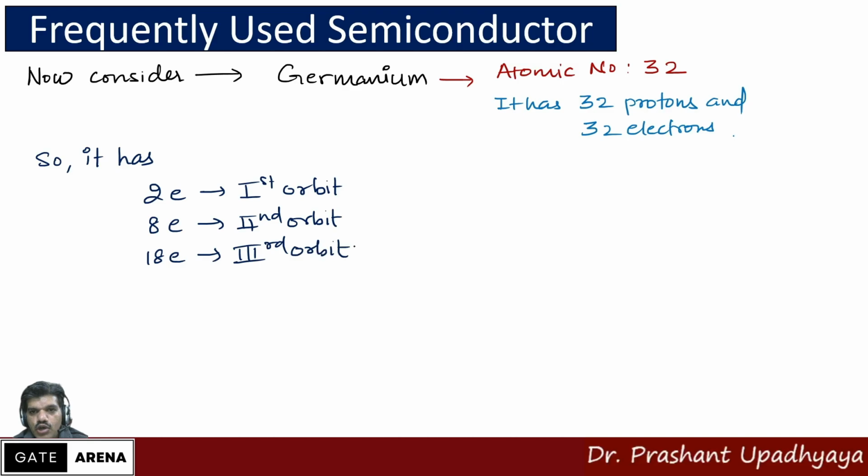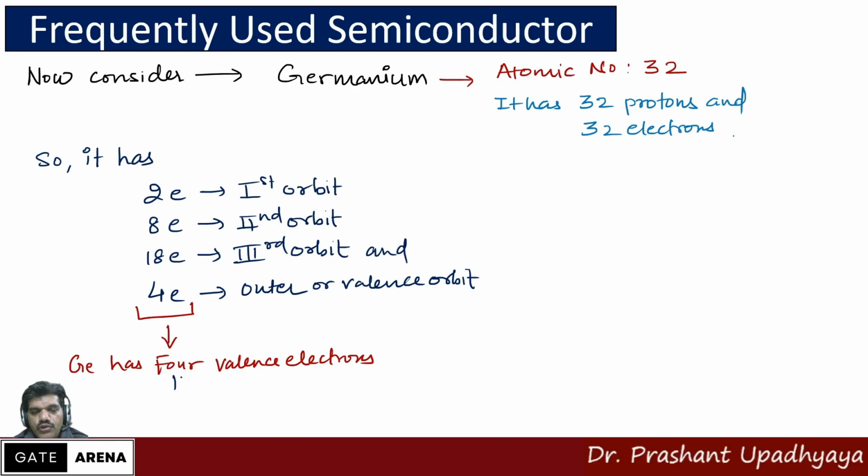If you do the calculation, we are left with 4 electrons in the outer or valence orbit, or we can say the fourth orbit. So again, germanium also has 4 valence electrons, and therefore it is also known as a tetravalent element.